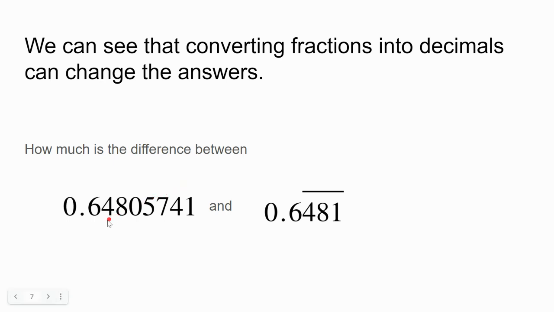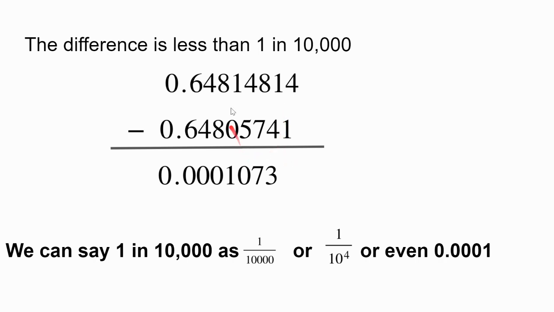But what is the difference between 0.648,05741 and 0.6481 repeating? Well, the difference, if I subtract them, is 0.000173. And so that's just basically 1 in 10,000, right? The difference is 1 out of 10,000s, or 1/10,000, or 1/10⁴, or 0.0001. So in most instances, that's not a big deal, right?